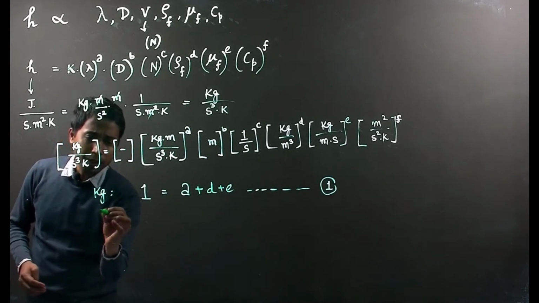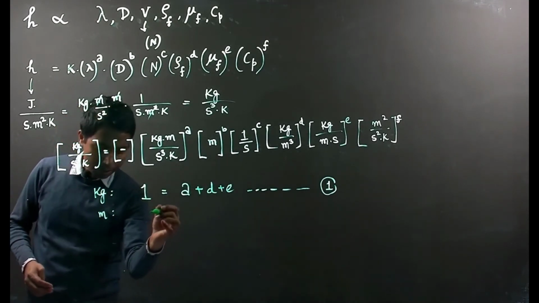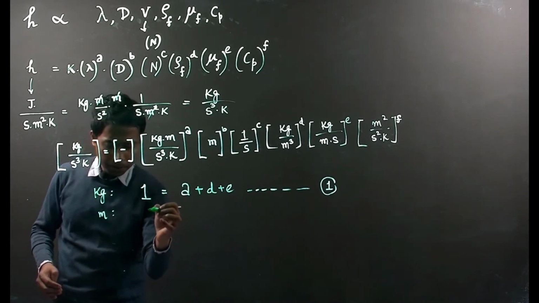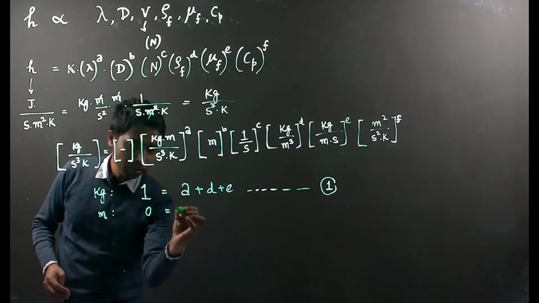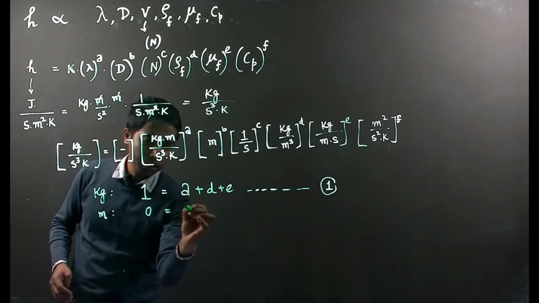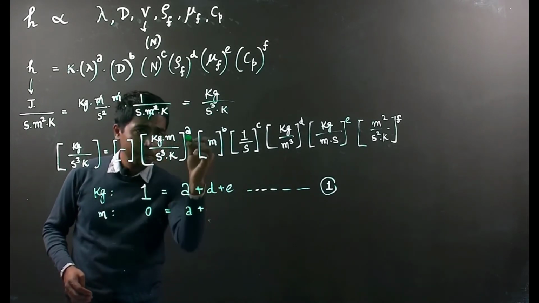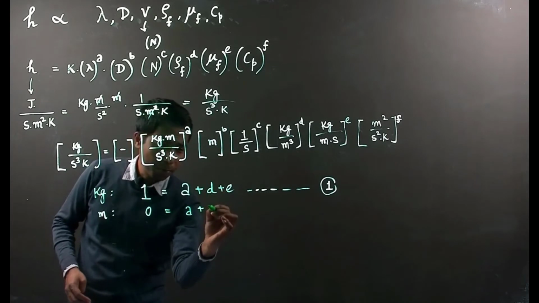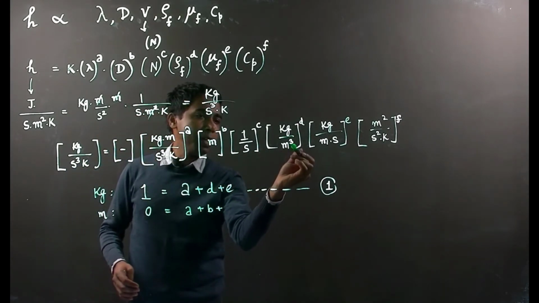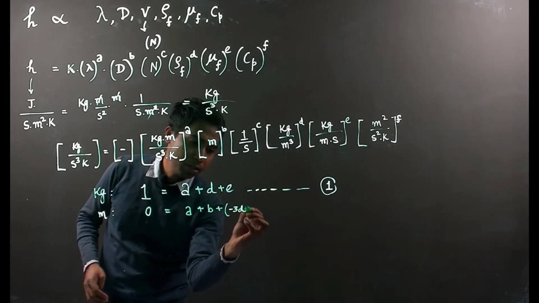The second one is for length, meter. On the left hand side, there is no length, so it's just 0. On the right hand side, you have a plus 1 from here, b, so a plus b, then you have minus 3 times d, so minus 3d.